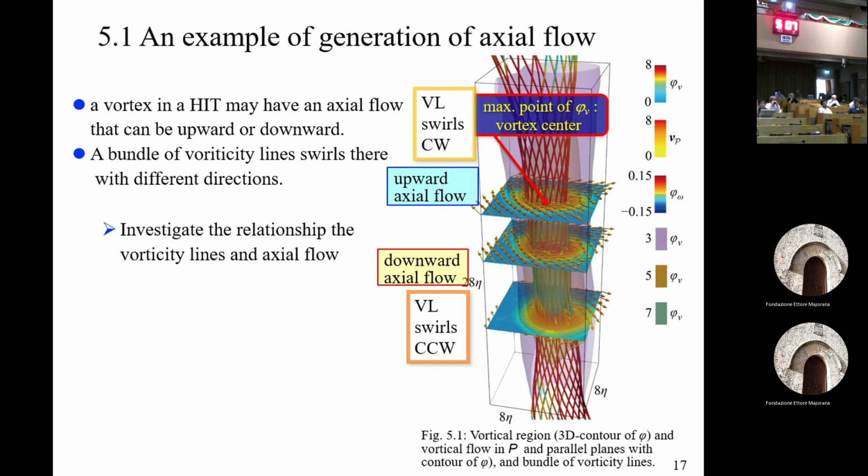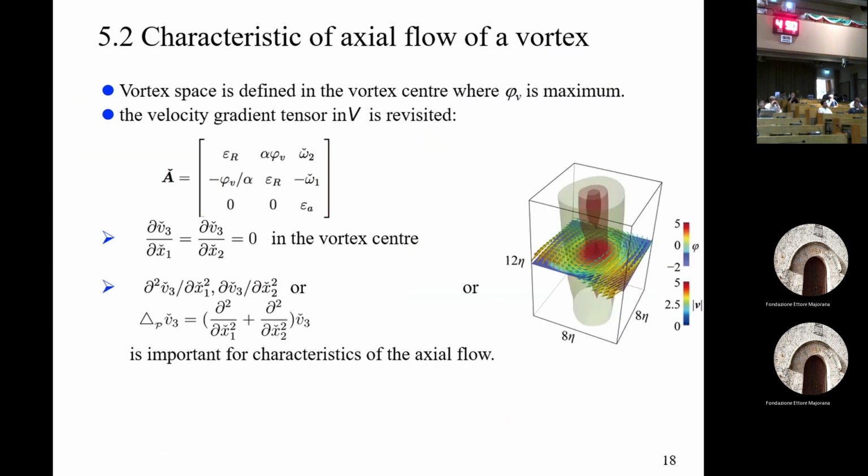If it has an upward component, the vorticity line swirls clockwise, and if the vortical flow has a downward component, the vorticity line swirls counterclockwise.